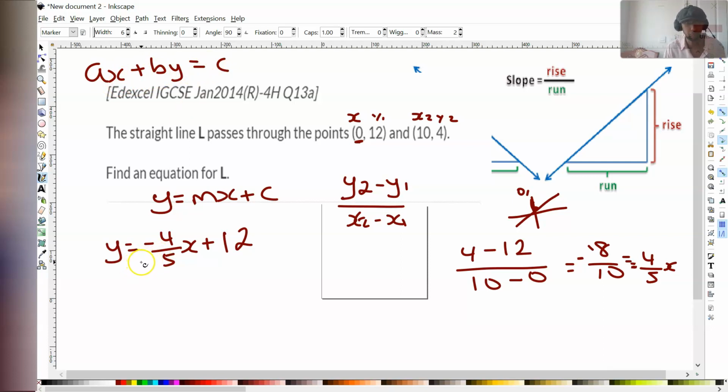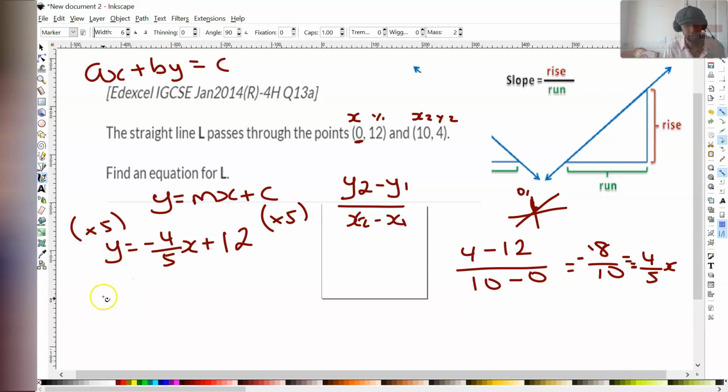Well, I'm going to multiply everything in this by 5, because I don't want it as a fraction.